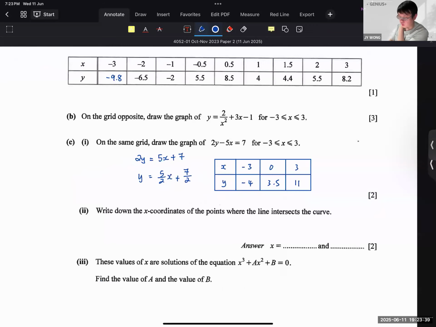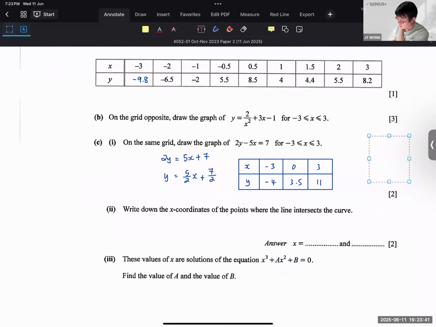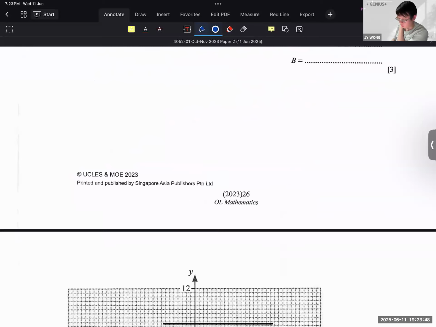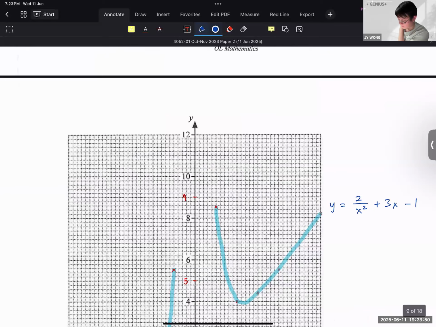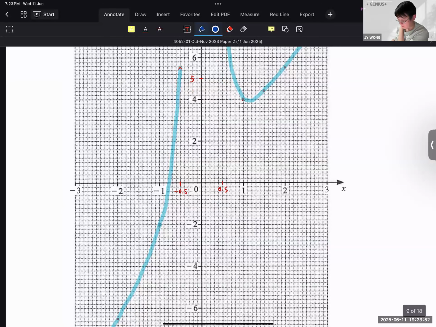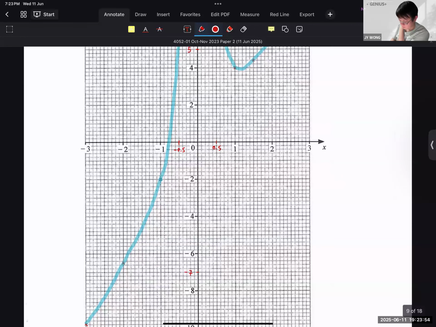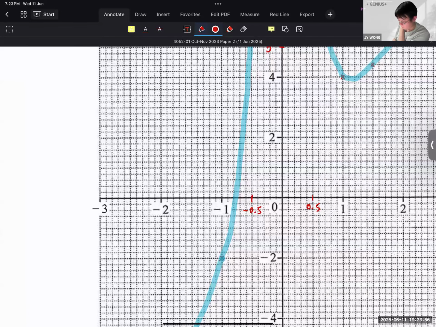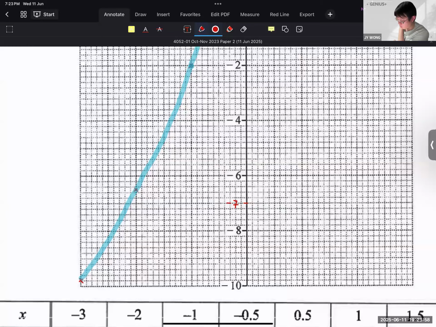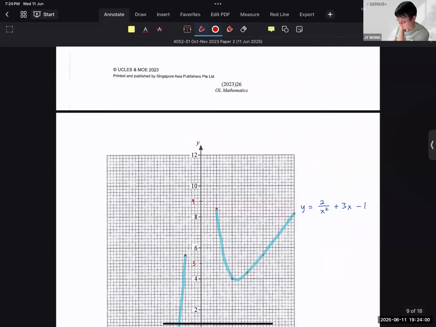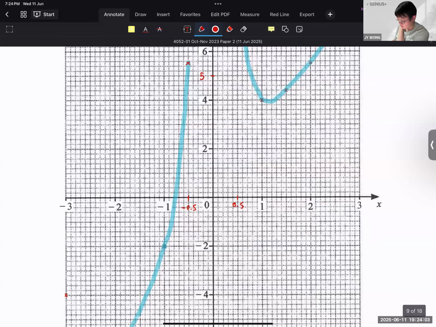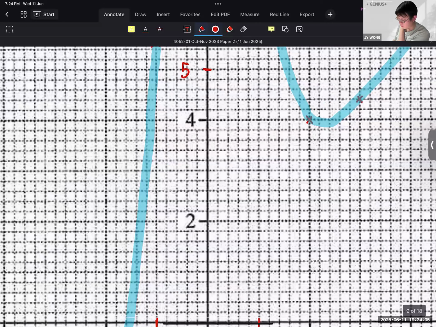So once I have the table of values, I can then go and plot my graph. So when x is -3, y is -4. When x is 0, y is 3.5. 3 is here, so 3.5 is here.